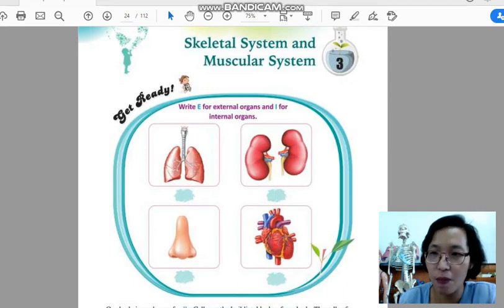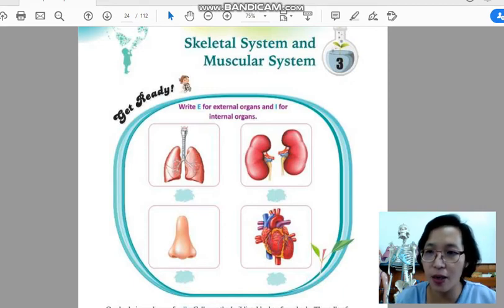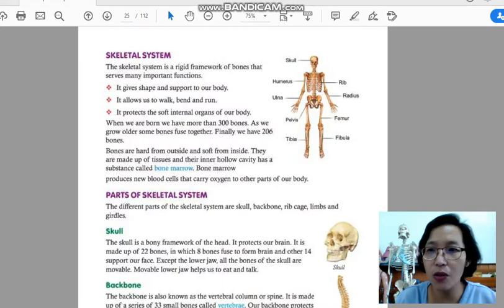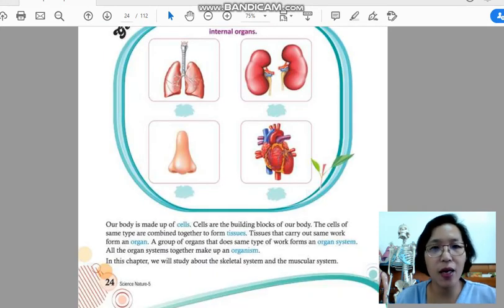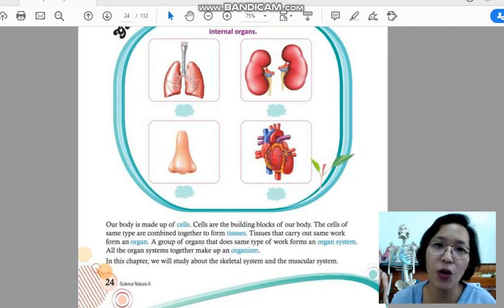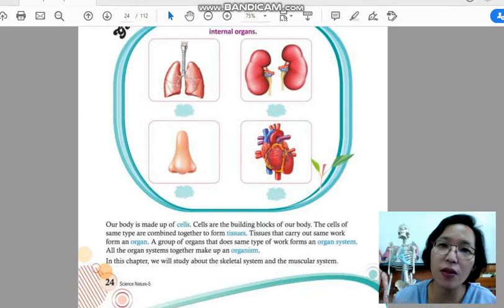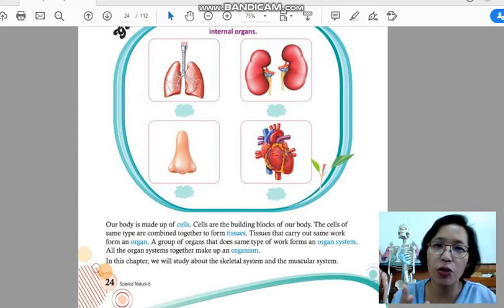Now let's talk about the smallest thing inside the human body. The smallest thing has various structures which are specialized to carry out a particular function.